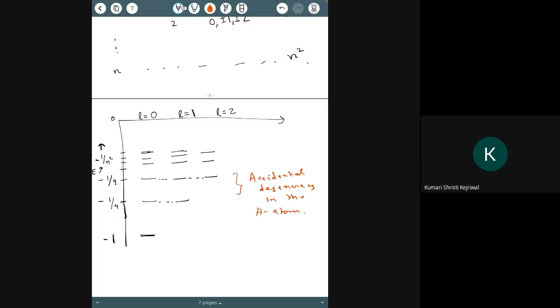There you will have a shifted spectrum, which is perfectly natural. But in a hydrogen atom, somehow you get this accidental degeneracy.